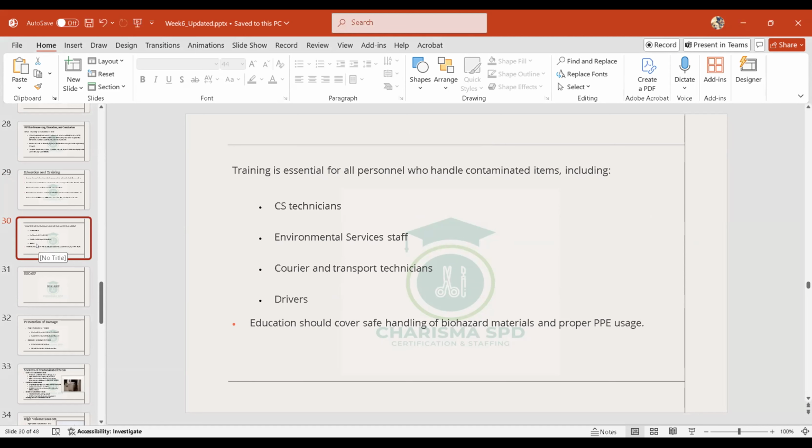So it is important that all personnel who handle contaminated items are trained, and these include central service technicians, environmental services staff. Let me pause here and ask a question: where do you think environmental services staff play a role in the point of use preparation process of decontamination?